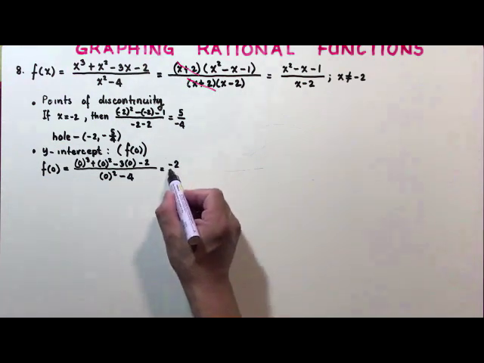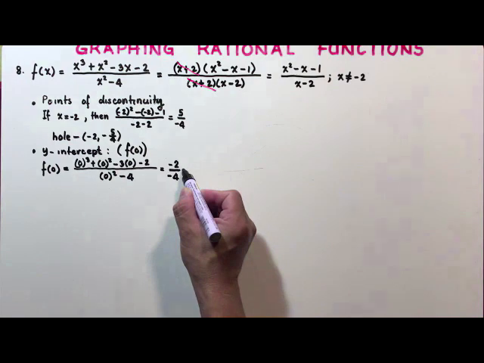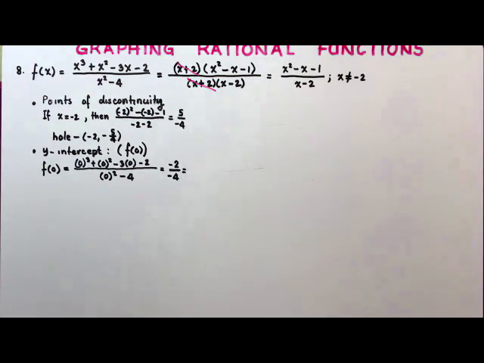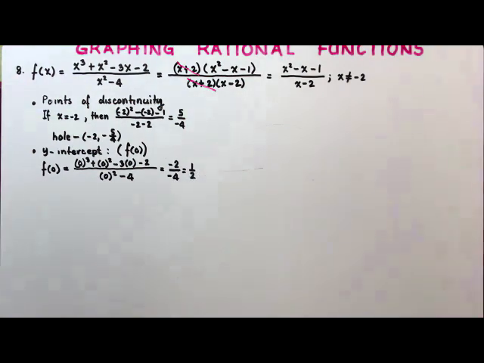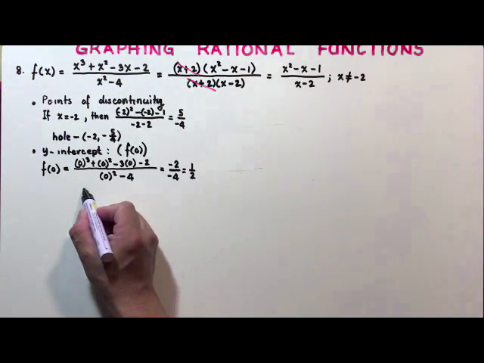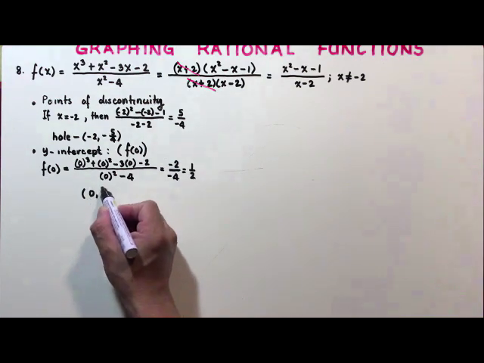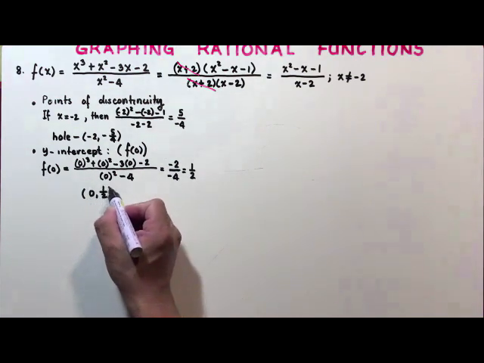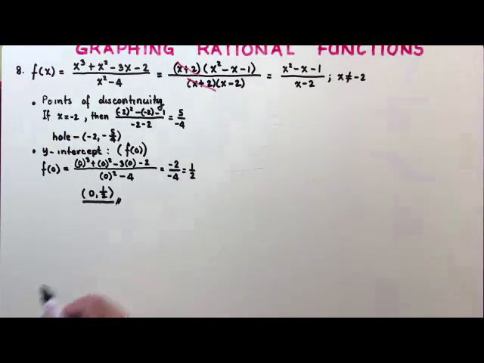And in the denominator also, what will remain is negative 4. And negative divided by negative is positive. So this is positive 1/2. So our y-intercept, there is only one y-intercept, which is (0, 1/2). So this is our y-intercept.